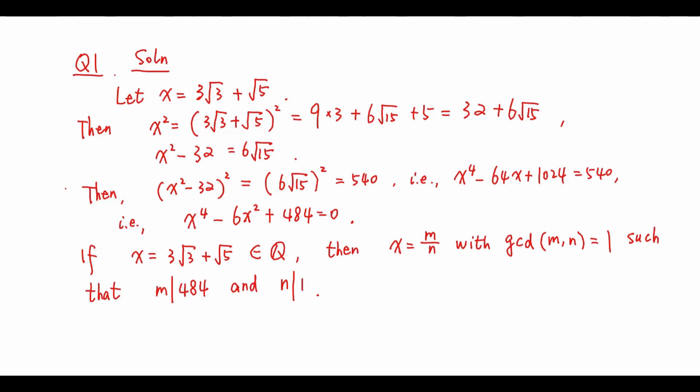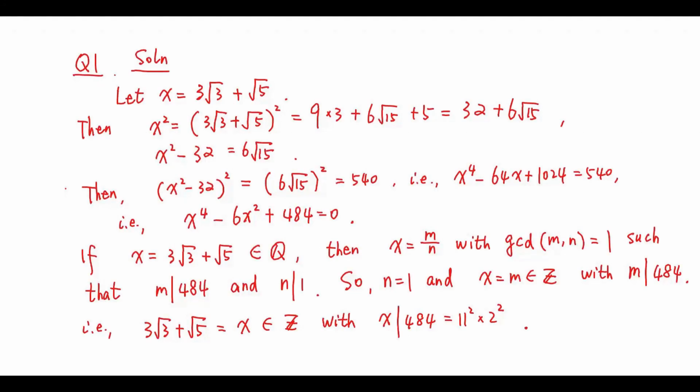If x is a rational number, then x equals m over n with the greatest common divisor of m and n equal to 1, such that m divides 484 and n divides 1. This gives n equals 1 and x equals m is an integer.